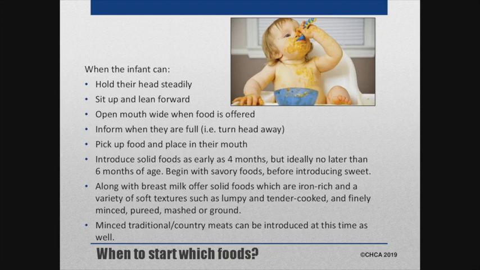Can be lumpy, doesn't necessarily have to be completely pureed, but keeping in mind to educate parents and guardians about the risk for choking. Minced traditional country meats can also be introduced at this time and certainly may be culturally appropriate, but also may be high in iron-rich sources.